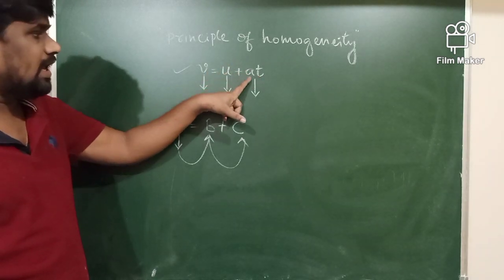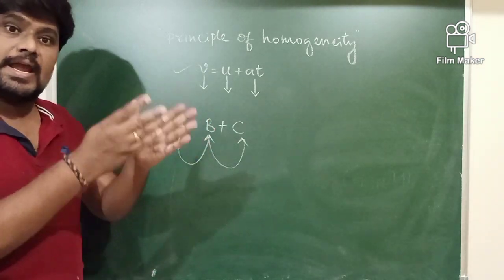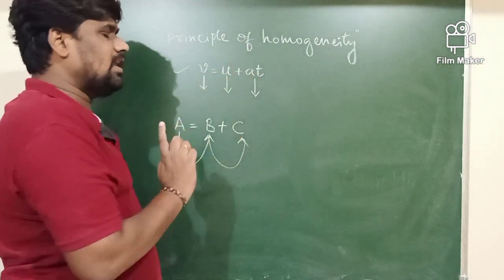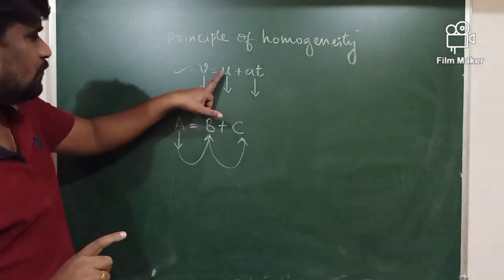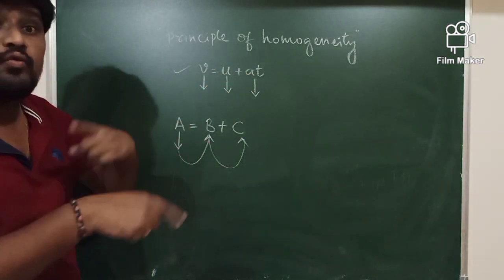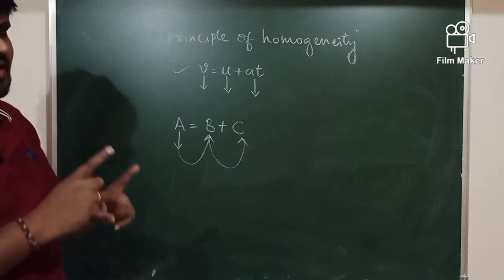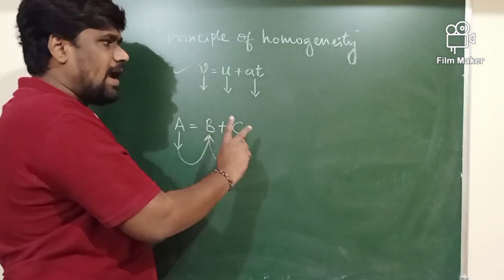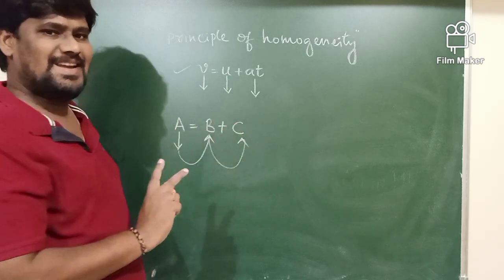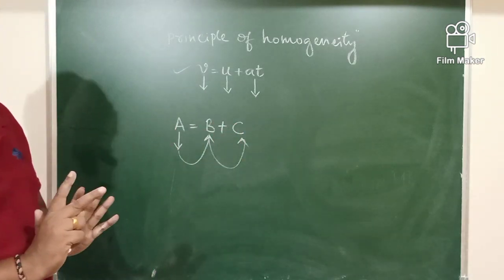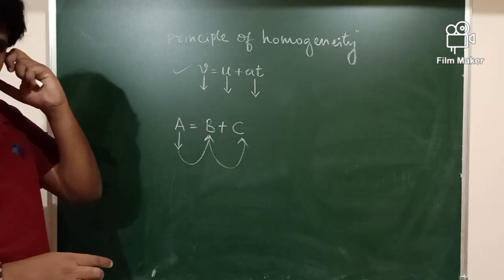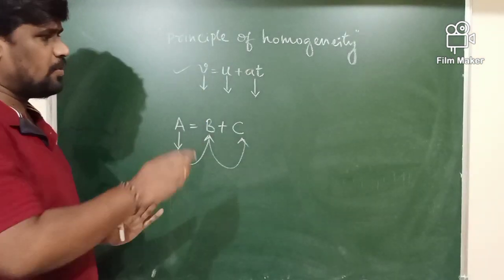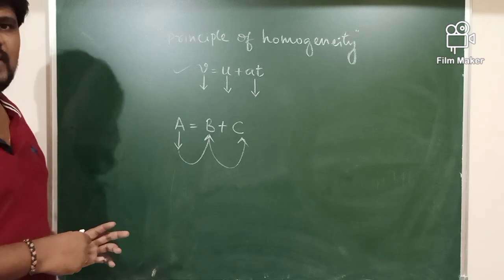U ಮತ್ತೆ AT ಇದ್ದು ಎರಡರದು ಡೈಮೆನ್ಷನ್ಸ್ ಸೇಮ್ ಇರೋದ್ರಿಂದ ಮಾತ್ರ U ಅನ್ನ AT ನಲ್ಲಿ ಆಡ್ ಮಾಡಿದ್ದೀರಿ. Suppose if U and AT have different dimensions, then definitely such two terms cannot be added in science. That equation is not dimensionally correct here. So U and AT are added here because they have the same dimensions.